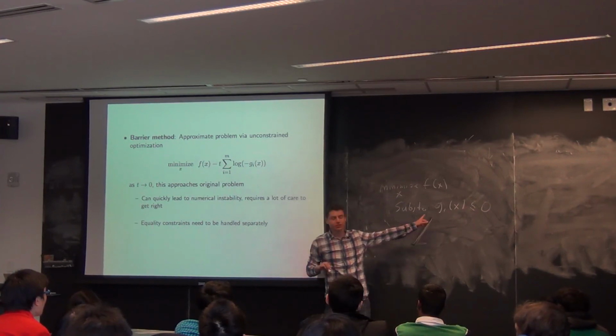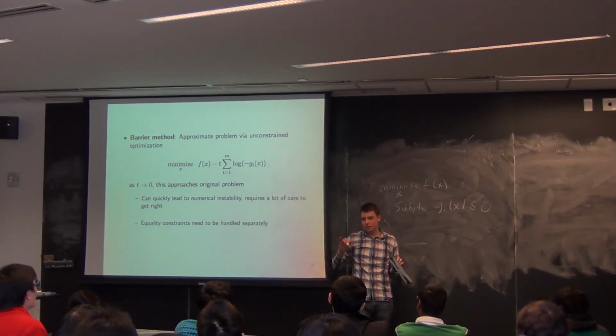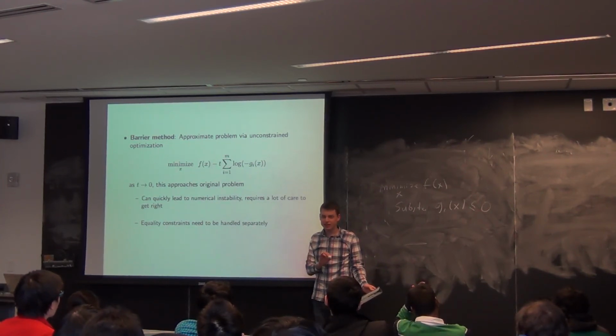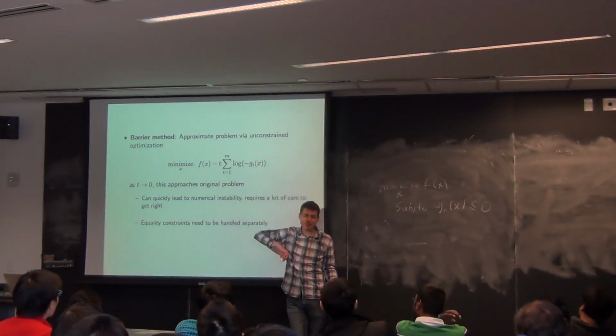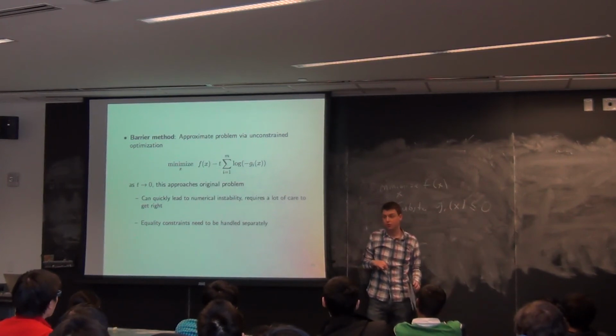So these have to be all less than 0, which means the negative has to be greater than 0. The log term here, negative log of negative g of x, would be infinite if any of these terms was greater than or equal to 0.